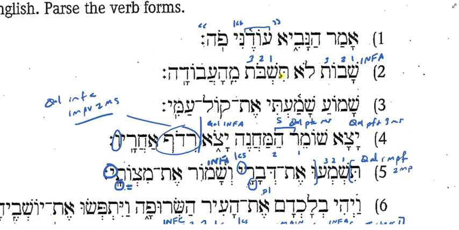All right, so I just wanted to let you see a couple more examples of that use. Number 3, shamoa shamati. Both of these have the same roots as well. Shama and shama. One's the main verb, one's the infinitive absolute. A-o vowel pattern, just like shavot. So this is what? Emphasis or complementary use? Emphasis. Good.